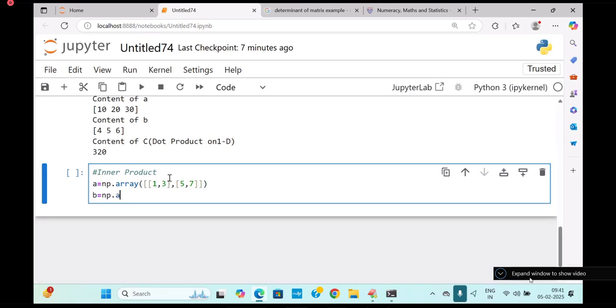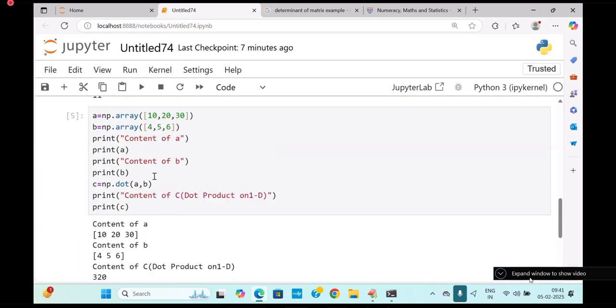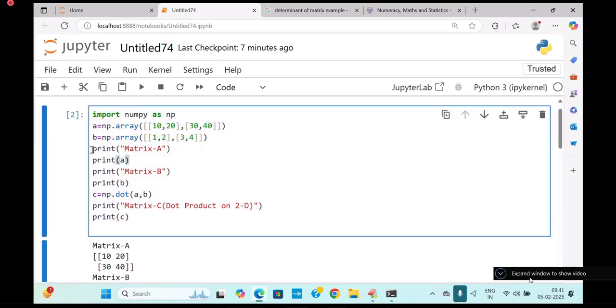B is equal to np.array of 2 comma 4, and next 6 comma 8. Print both the matrices, matrix A and matrix B.